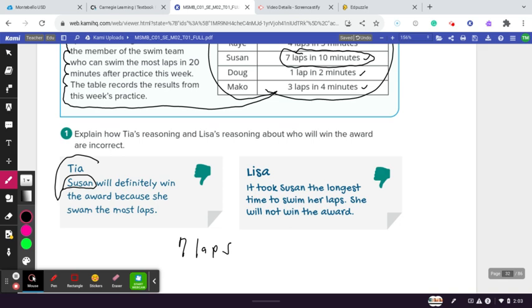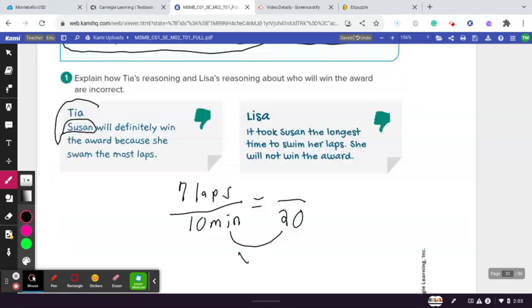Then you can see comparing from 10 to 20. And you should know that that is twice as long, or 10 times 2 would give us 20. So you would infer that if she could swim 7 laps in 10 minutes, then in twice that time, if you multiply the 7 times 2 on the top, you would consider that she would swim 14 laps in 20 minutes.